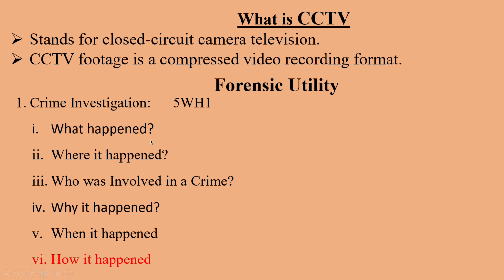So this is 5W and 1H: how the crime occurred, what tools, what weapons were used in this crime. By analysis of the CCTV footage, the answers to these questions can be given scientifically. So this is the forensic utility of CCTV footage.